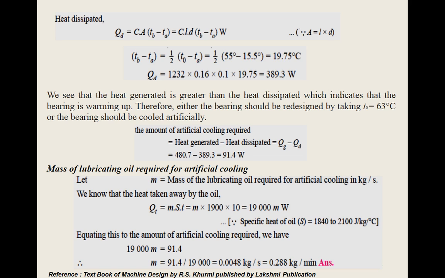So the Q formula: Q is equal to m, which is unknown, times 1900 times 10, where 10 is the delta T, the temperature difference. So 10 degrees centigrade is given in the question. By equating the amount of artificial cooling to this heat, we obtain 1900 m is equal to 91.4, or m is equal to 0.0048 kg per second, or 0.288 kg per minute.